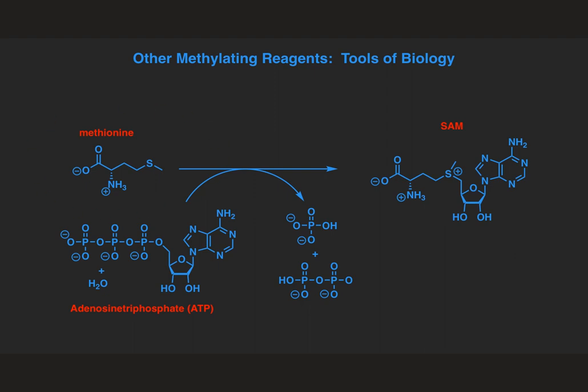This is another example of an alpha amino acid. And so this amine is on the alpha carbon to that carboxylate or carboxylic acid. And this time, rather than the sulfur being on the beta carbon, it's on the gamma carbon. And this sulfur, unlike cysteine, has a methyl group attached to it as well.